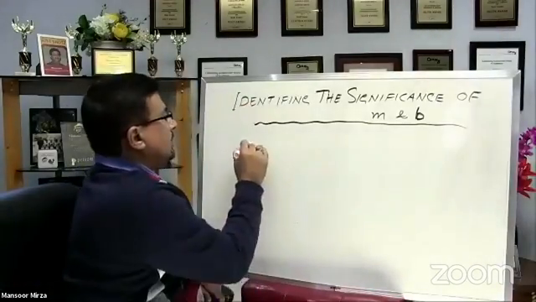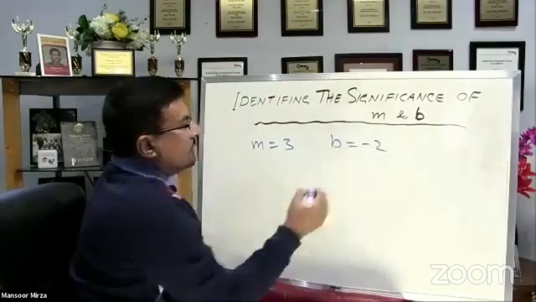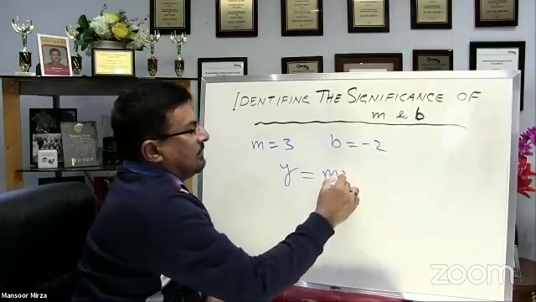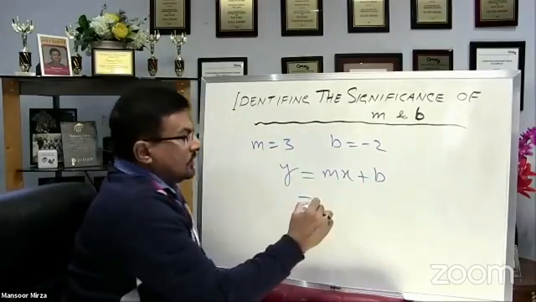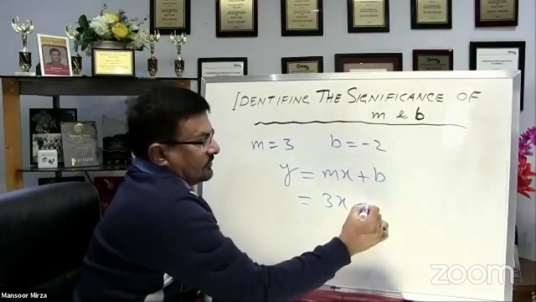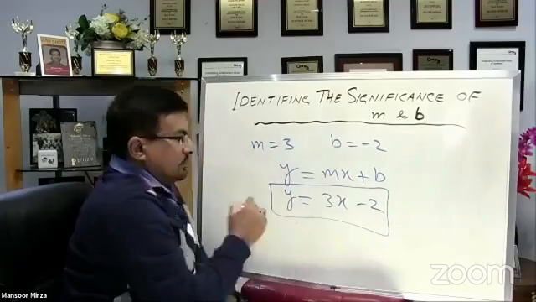If I have calculated m is equal to 3 and b was given as minus 2, and the standard form of y-intercept was y is equal to mx plus b, if I insert these values, it would be 3x plus, or instead of this, minus 2. So this would be my equation.